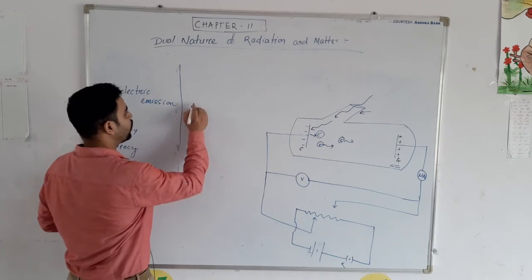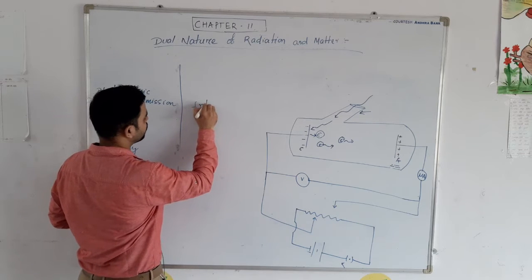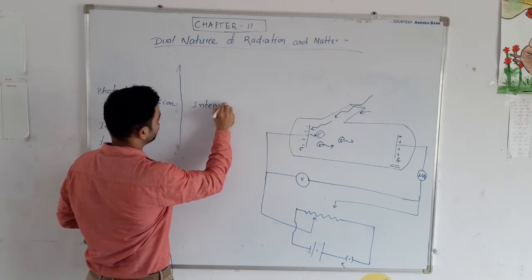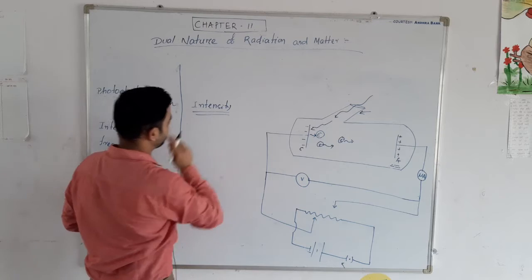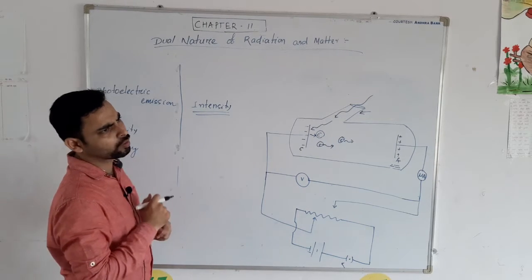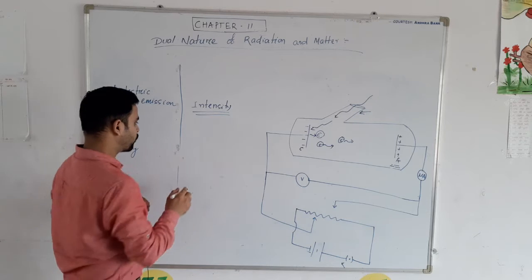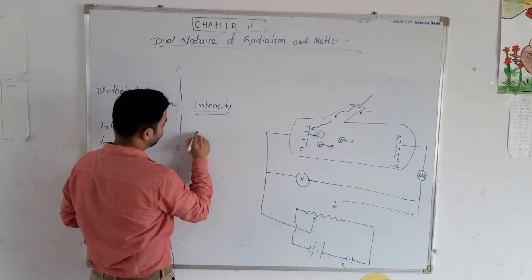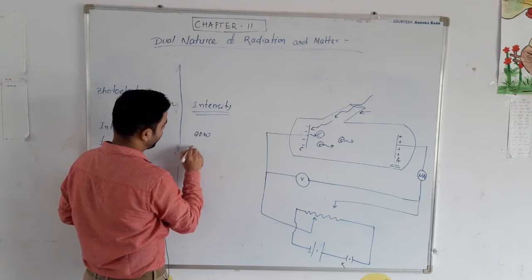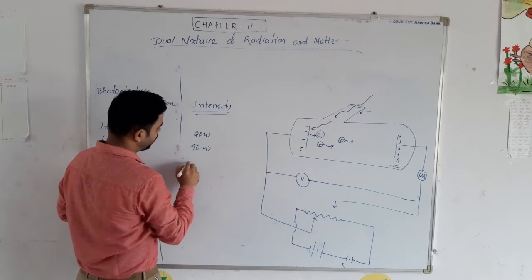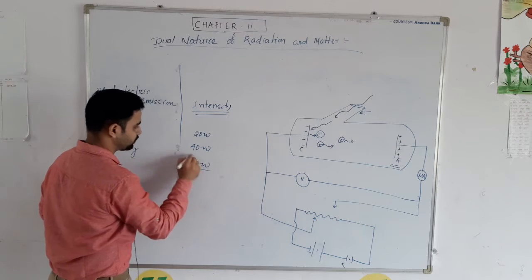First thing, what is intensity? What do you mean by intensity? Look, suppose there are three bulbs. One is a 20 watt bulb, one is a 40 watt bulb, one is a 60 watt bulb.